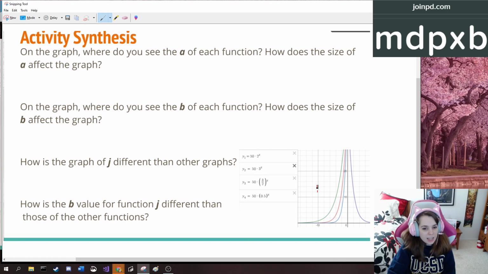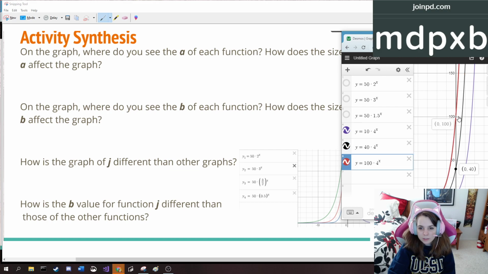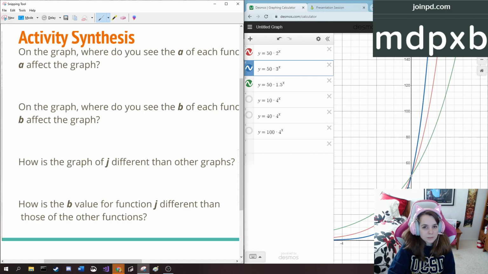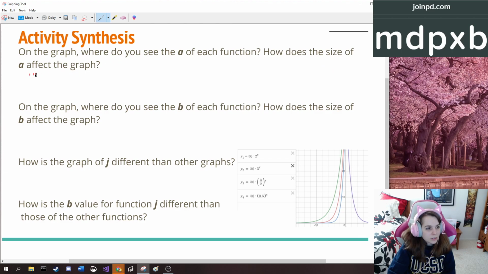The A is going to be our y-intercept, our starting value. For this one, the starting values are all at 50. So the A value is going to be our starting value, which is the y-intercept.